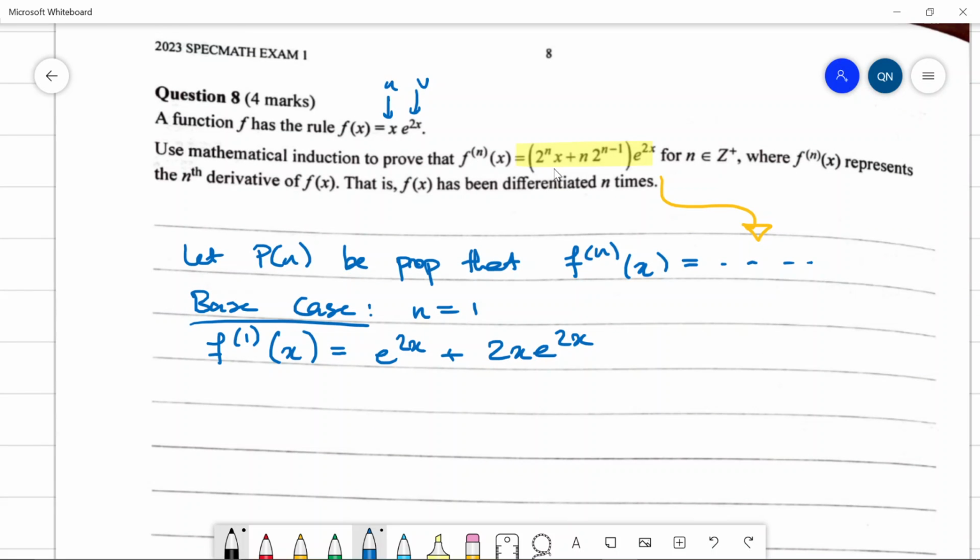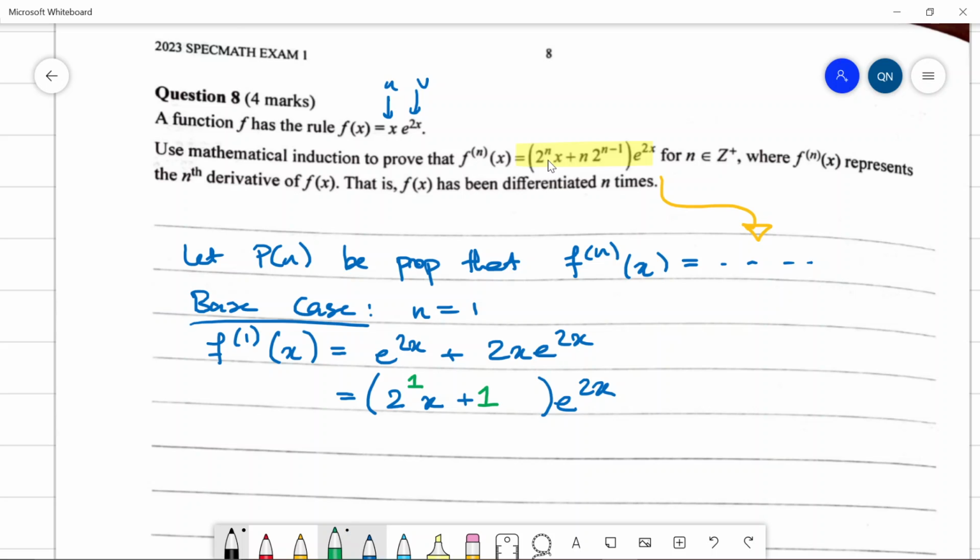So 2 to the n. So here n is equal to 1. Right, so let's try to write it in that form. So this is exactly, we need a factor in e to the 2x. So if we do that, let's factor it out to the back. So this is e to the 2x. And then let's write this 2x first. So this is a 2, we write this as 2 raised to the 1. Right, and then we have an x, and then we have plus n, which is plus 1 in this case, and then we have 2 to the n minus 1.